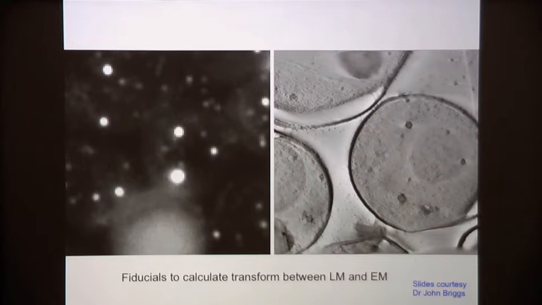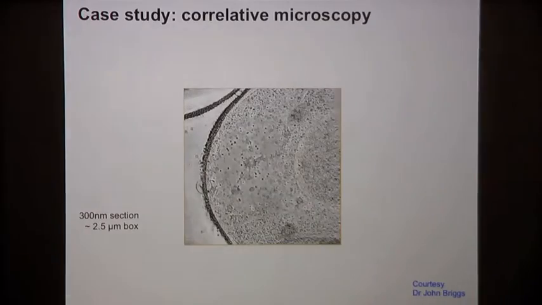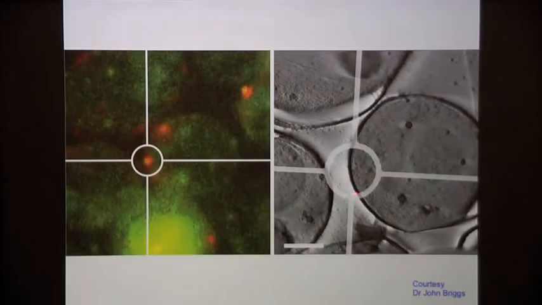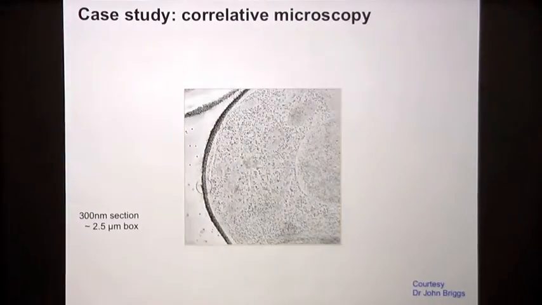These were simply fluorescent polystyrene beads, and these fiducials helped to calculate a transform between the light microscopy image and the electron microscopy image, allowing the authors to define the region of interest with high accuracy, within 100 nanometers. And then, once you've defined your position of interest, you can simply go into the electron microscope and acquire a tomogram.